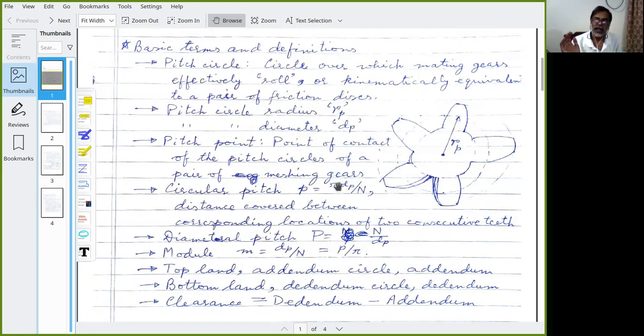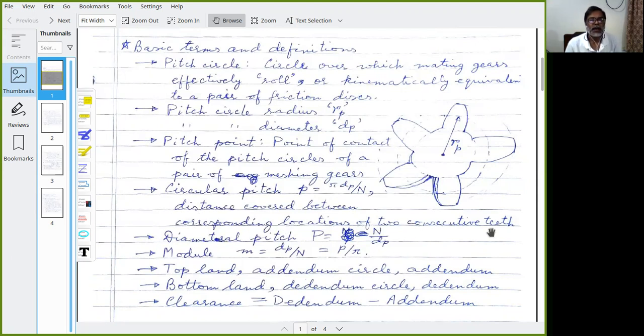So this is called the circular pitch. That means the part of the circumference that is crossed over through engagement of one tooth. Okay? So it is the distance covered between corresponding locations of two consecutive teeth along the circumference.